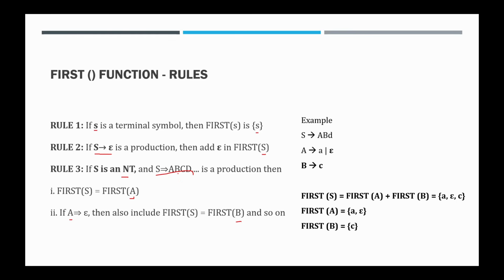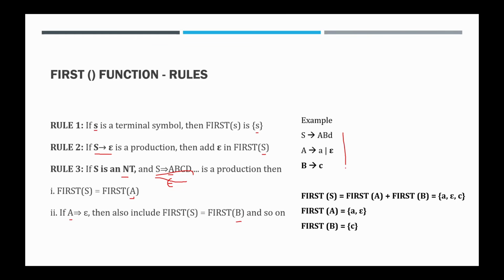For example, in S tends to ABCD, what is first of S? First of A. If A is epsilon, what happens to the production? It becomes BCD. So the next step is to include first of B also in first of S. We'll see an example here.